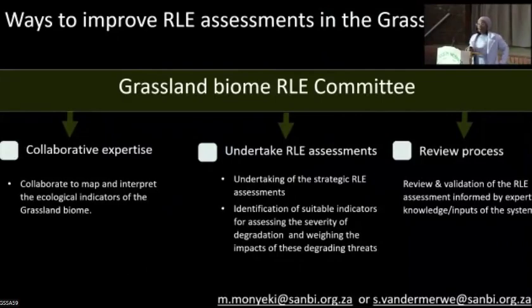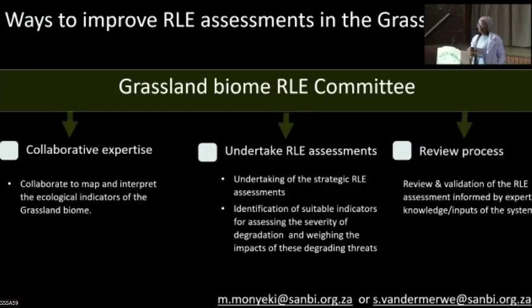SANBI is also planning on establishing a committee, the Grassland Biome Readiness of Ecosystem Committee. We are inviting you if you are interested. The purpose of this committee is to collaborate in our efforts of mapping and interpreting ecological indicators for the grassland biome. We want to create this database, and we need your input in doing that.